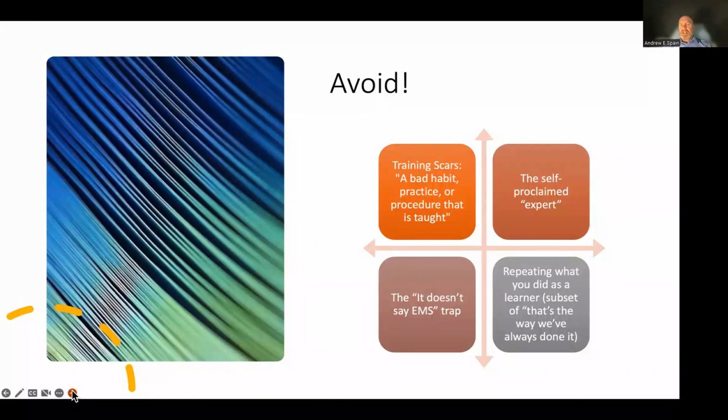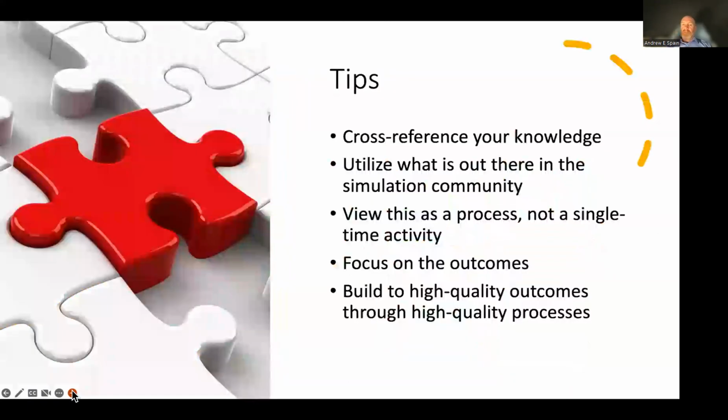And again, I'm using very tangible examples, and training scars is an extremely complex concept where we have errors of commission and errors of omission and things like that. But make sure that your simulation activities don't replicate things, don't have the same repetition of things all the way through. Otherwise we suddenly create those training scars, which often are very difficult to pick up on until we have a patient that had a poor outcome, unfortunately.